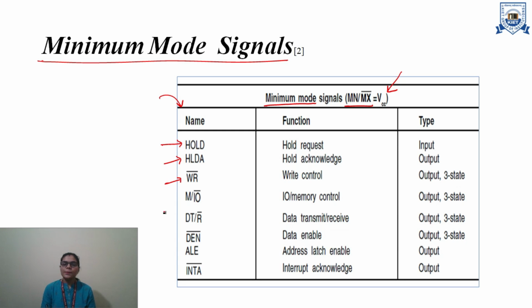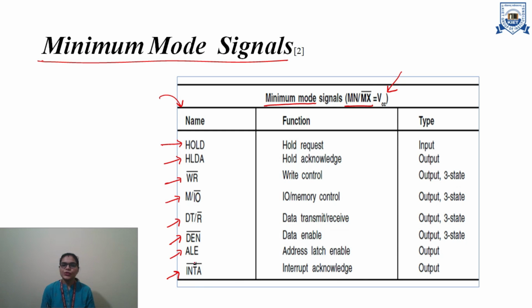Write control pin. Memory and input output operation pin. Data transmission and receiving pin. Data enable. Address latch enable, which is used with the multiplex data and address buses. It denotes where that address is placed on the multiplexed buses. And INTA bar, interrupt acknowledgement pin.